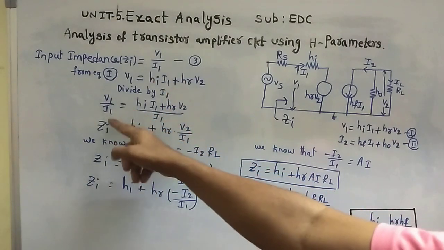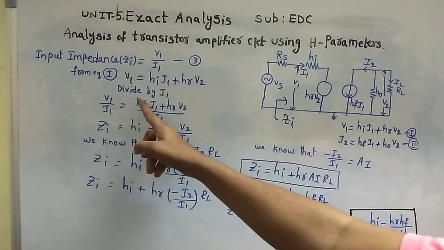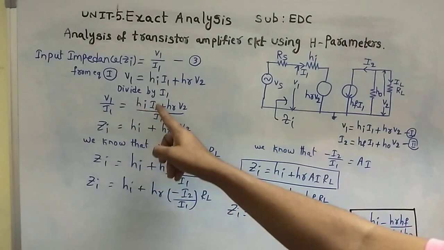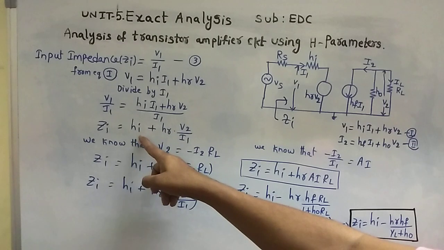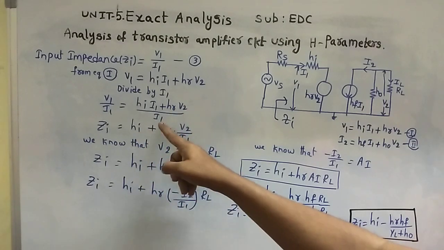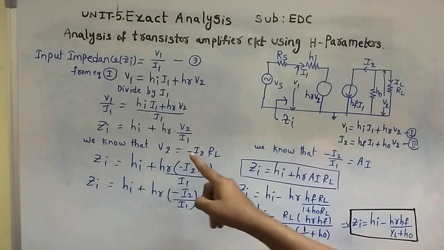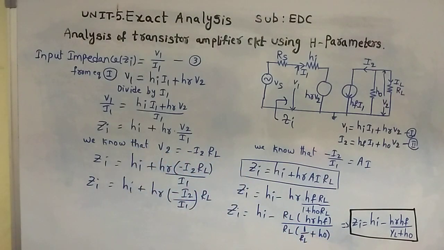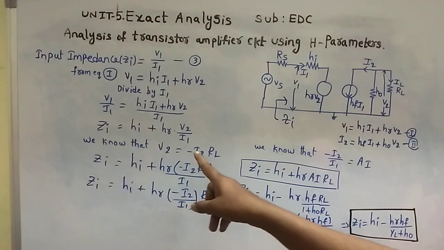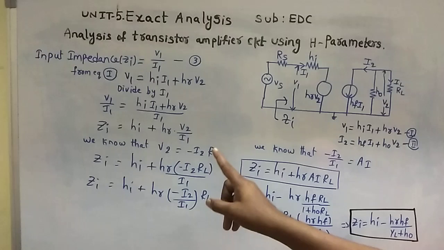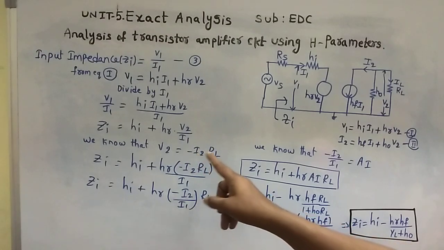V1 by I1 is nothing but Zi. Zi is equal to Hi I1 by I1, where I1 will get cancelled, so Hi plus HR into V2 by I1. Then we know that V2 is equal to minus I2 into RL. While deriving the current gain equation, we wrote that V2 is equal to IL into RL, where IL is equal to minus I2, so minus I2 into RL.